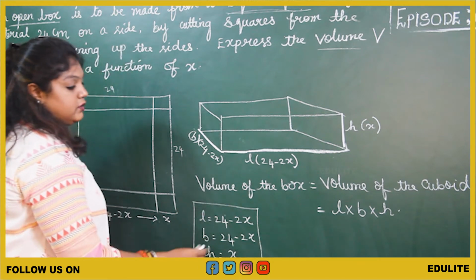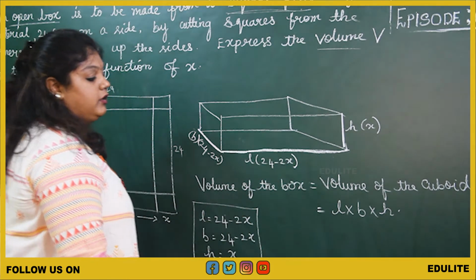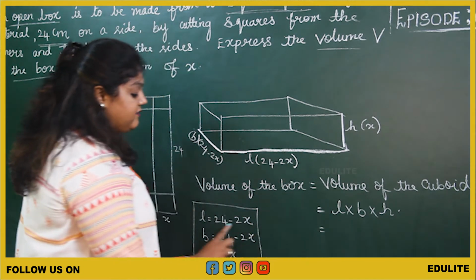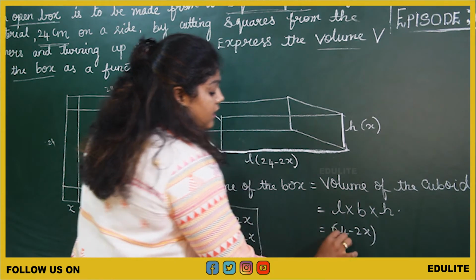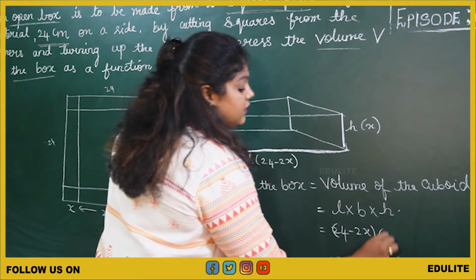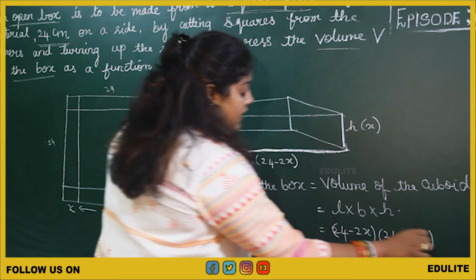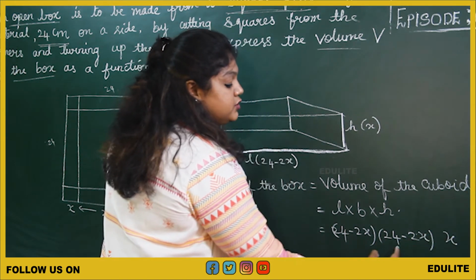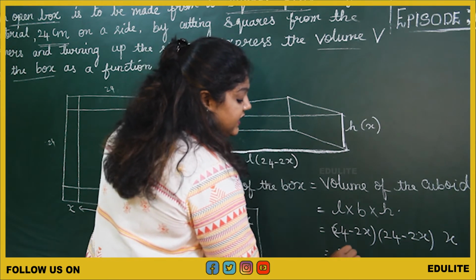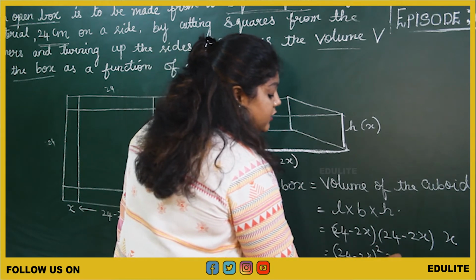Substituting these values, we find the volume of the cuboid, which is nothing but the volume of the box. So, l is 24 minus 2x, b is 24 minus 2x, and h is x. 24 minus 2x appears 2 times, so we can write it as 24 minus 2x whole square into x.